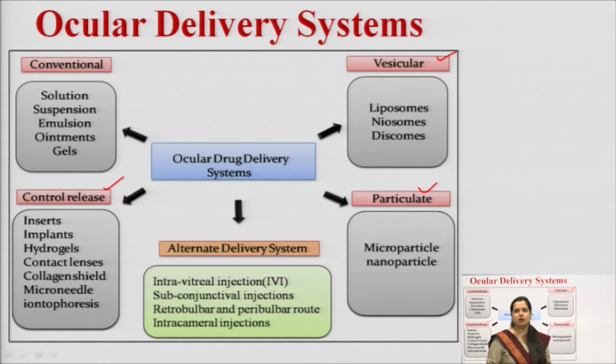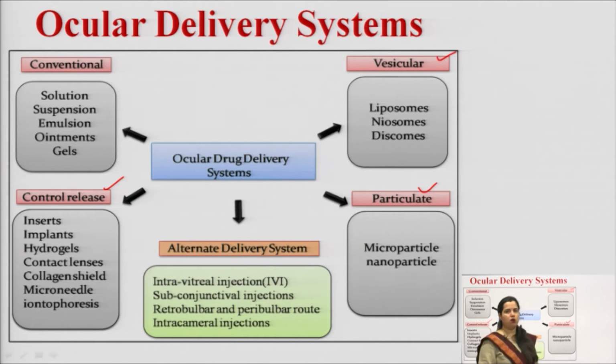Contact lenses are widely available and widely used by customers. Vesicular systems, if we talk about vesicles, we may have developed liposomes, niosomes and discomes for ocular preparation, as they have very good permeability parameters.